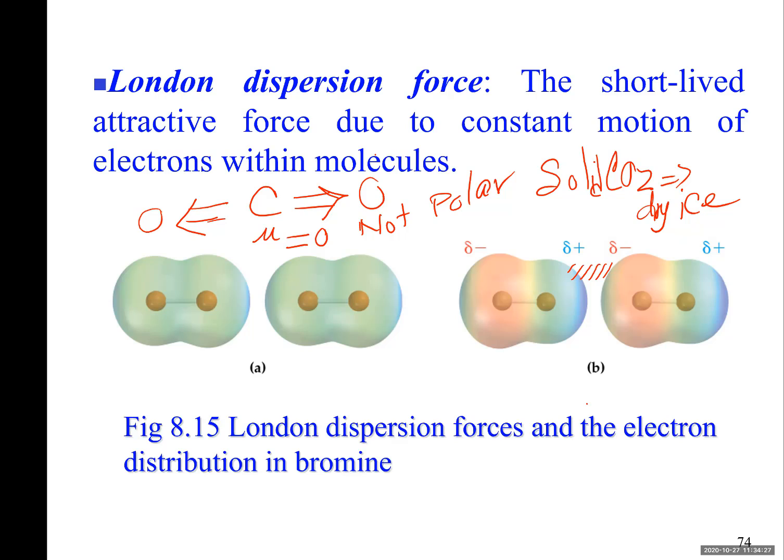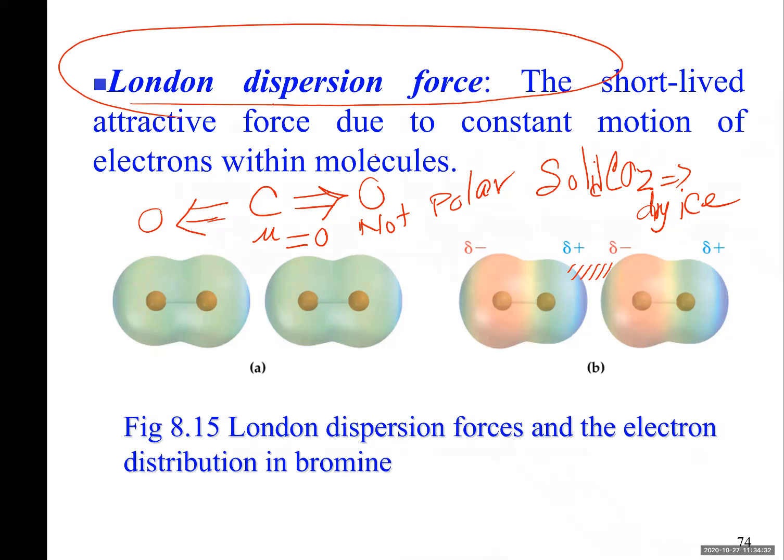This force is called London dispersion forces. We still don't understand that. But the hypothesis is that in carbon dioxide, although there is no polarity, there are protons in the nucleus.